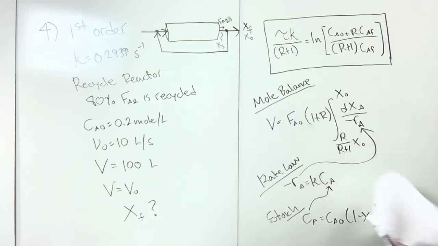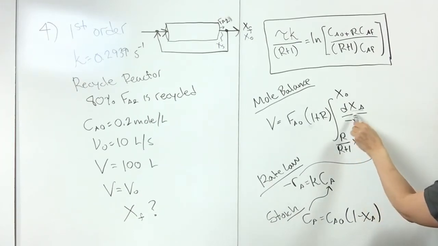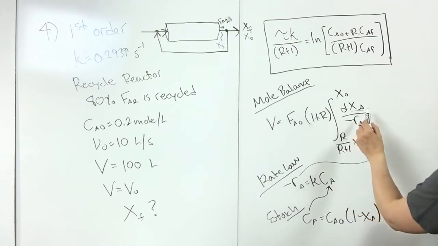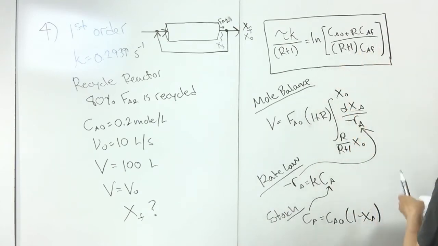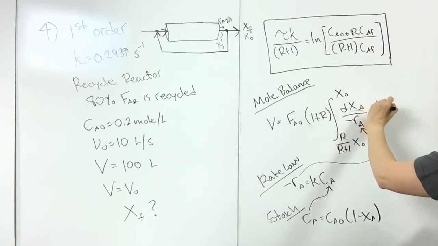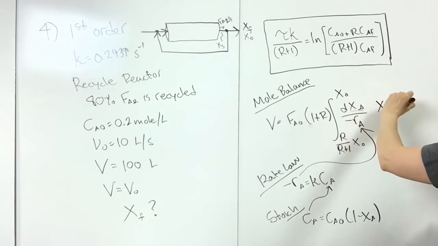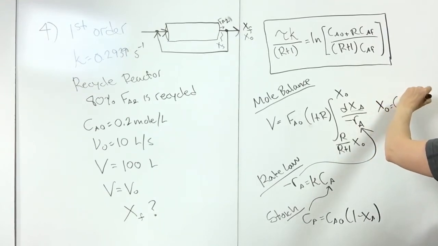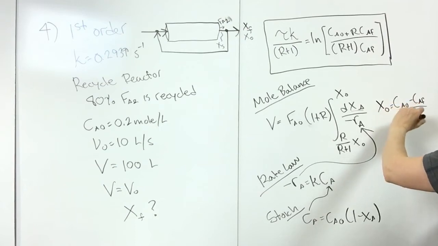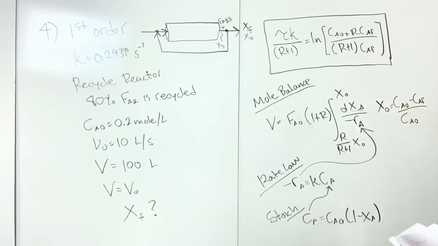You would integrate this, and then after you integrate this, you end up with an equation that's in terms of x naught. And to get this in terms of this equation, you would use this relation where x naught is equal to CA naught minus CAF over CA naught.